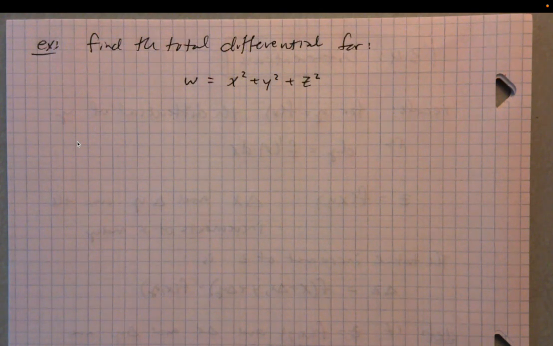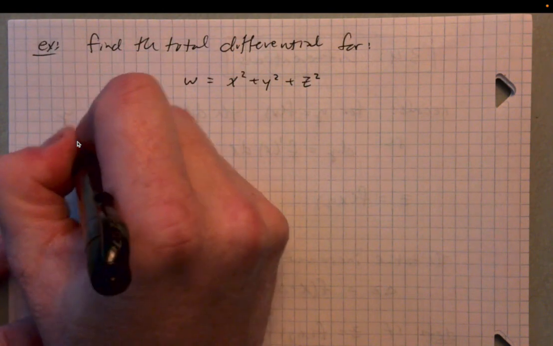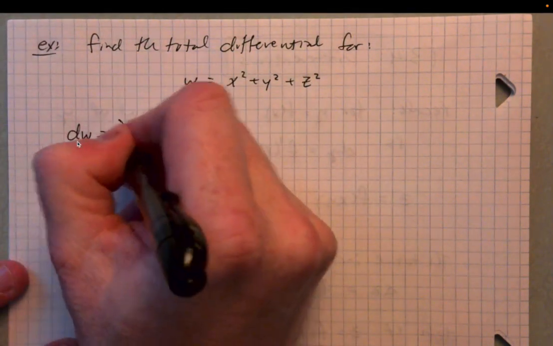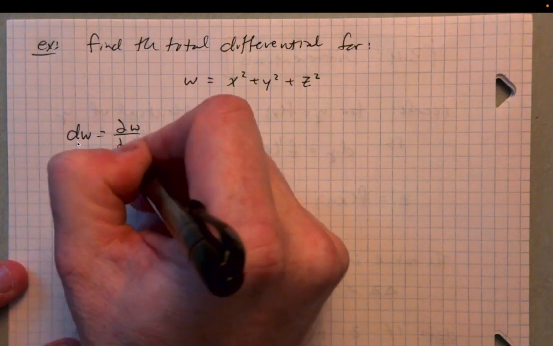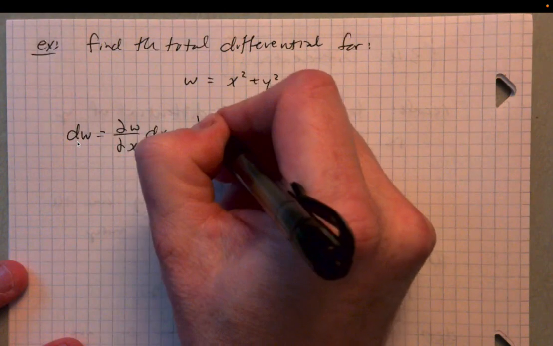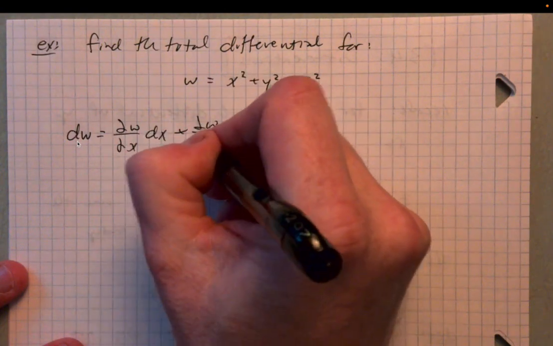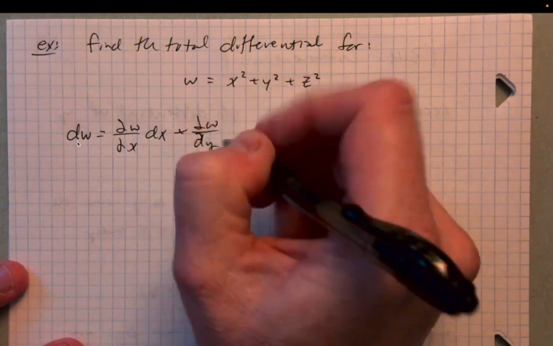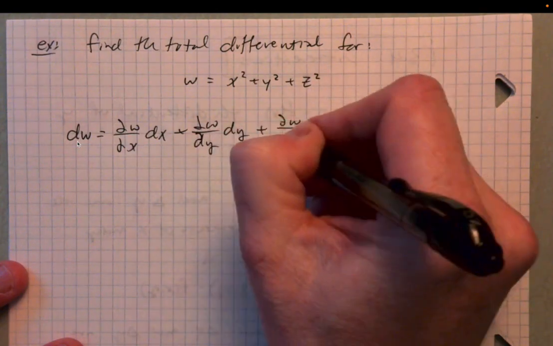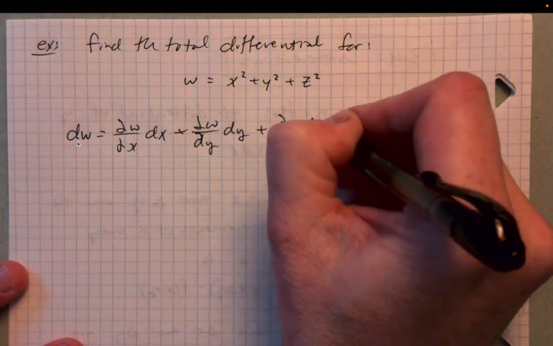The definition will naturally extend to functions of 3 independent variables as well. So the total differential here would be dw equals, let's write out the formula first, del w del x times dx plus the partial derivative with respect to y times dy plus the partial derivative with respect to z times dz.